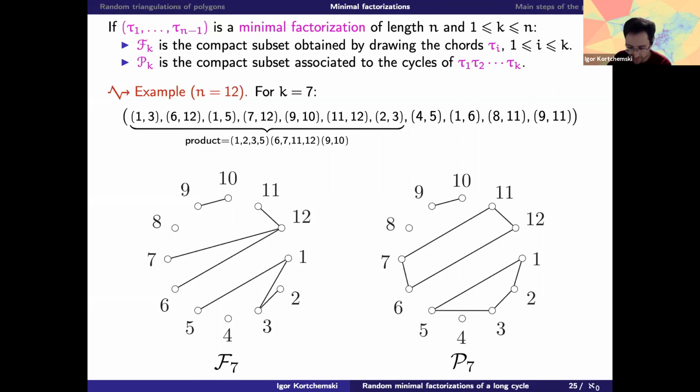So there are some interesting properties that seem to appear. Well, first, the chords are non-crossing. The cycles which appear in the partial products are always formed by non-decreasing, increasing numbers.